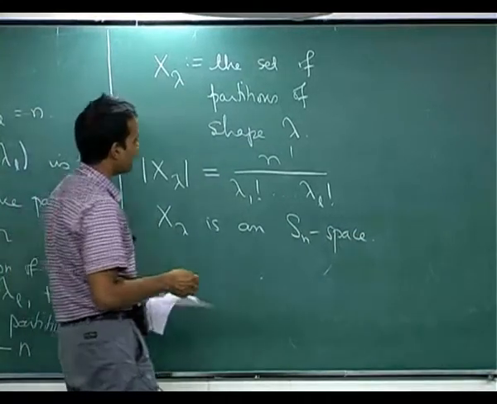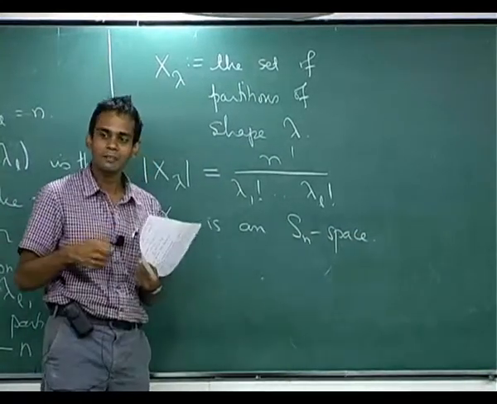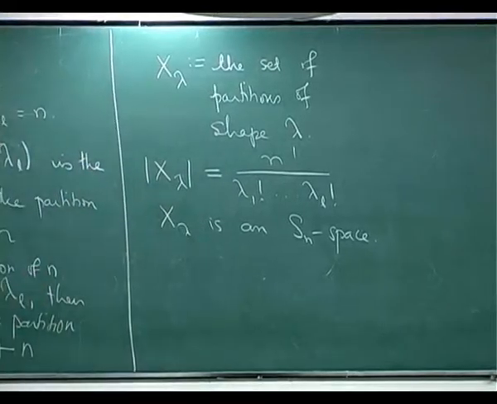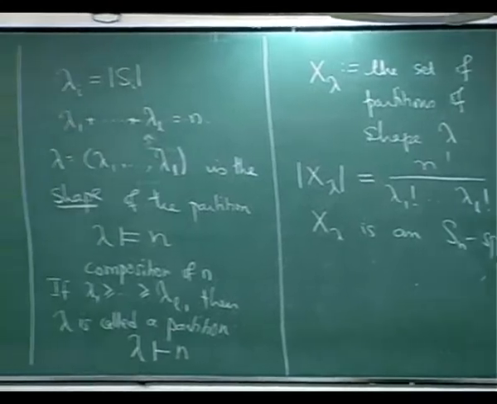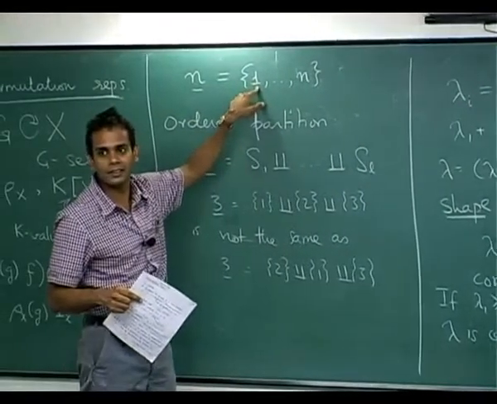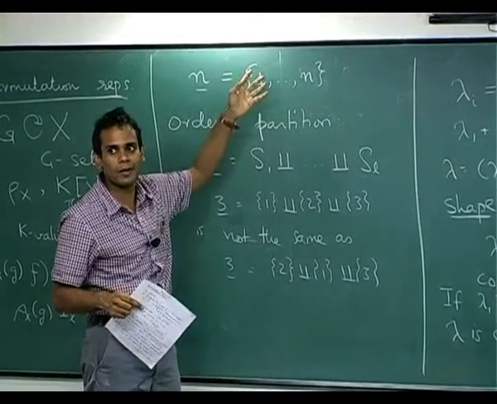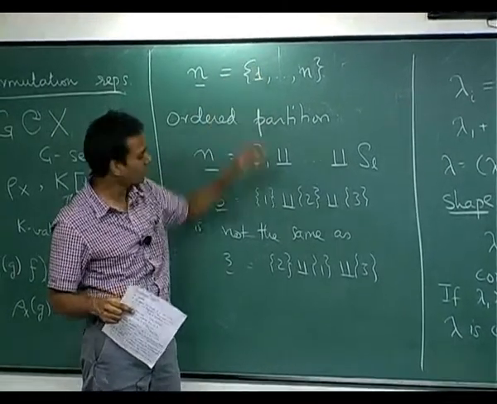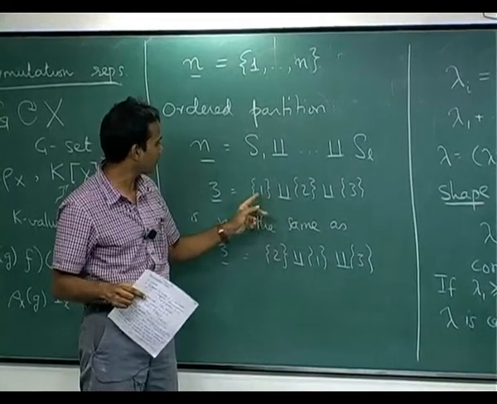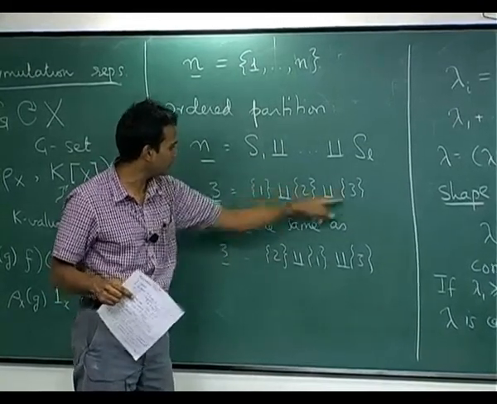Well, if you have a permutation, it will just act on the elements of the set of natural numbers from 1 to n. Now those will be sitting inside partitions, and it will therefore move one ordered partition to another ordered partition.